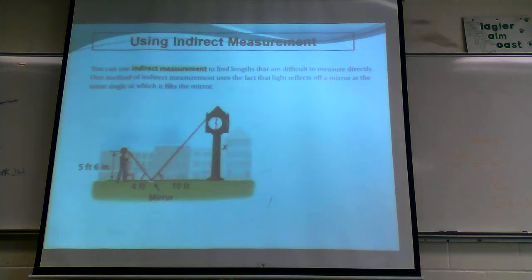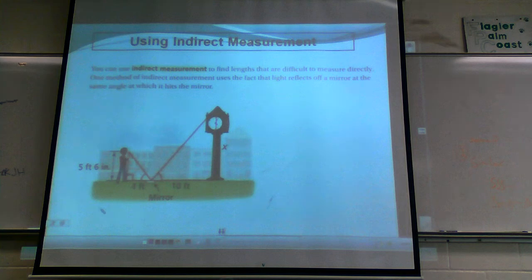The whole deal with indirect measurement, like what this is talking about, is someone placing a mirror on the ground, looking down at it, and when they look down, they spot the top of it. Basically, in an ideal situation where both of these triangles are right triangles, you're creating 2 similar triangles.